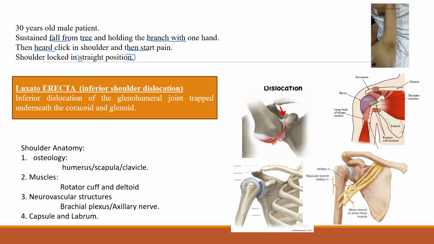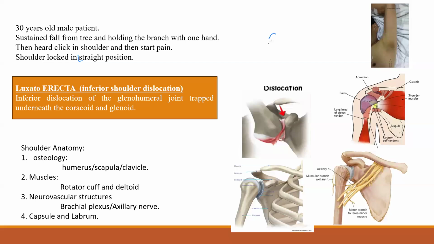Here, if you see, this is the position. This is your glenoid and this is the head of the humerus directing superiorly. So there is no adduction possible, no movement possible. So this is the classical presentation of a patient who has inferior shoulder dislocation. So what is inferior shoulder dislocation? The head of the humerus is lying inferior to the glenoid cavity.